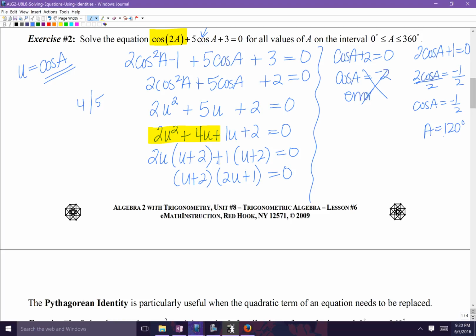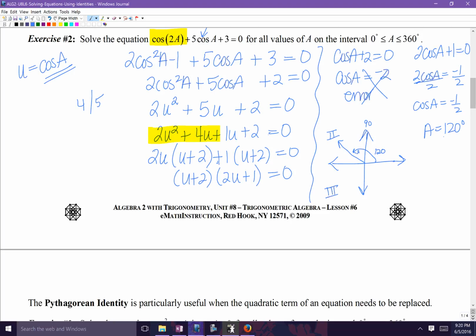So I'm going to draw myself my reference, right? So I know the cosine has a negative value in quadrant 2 and quadrant 3. Cosine of 120, so let's see. What kind of reference angle would that be? If this is 120 degrees, right? So here's 90. I went 30 degrees past 90.